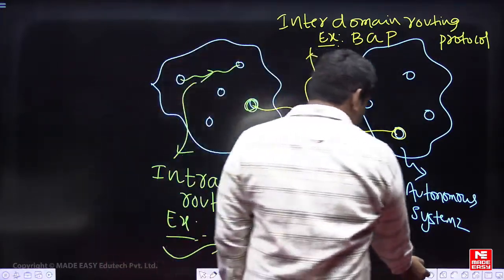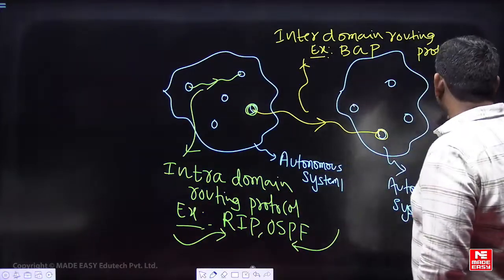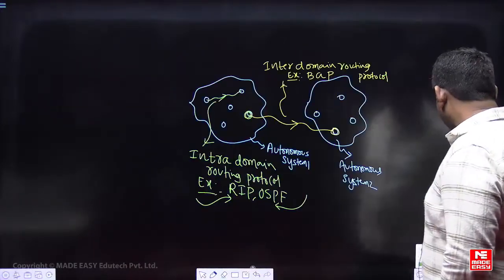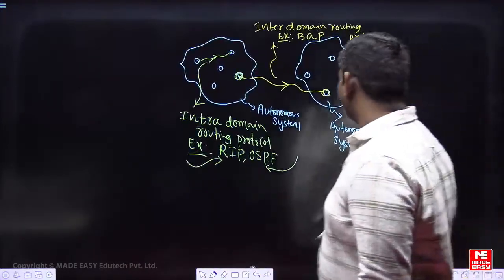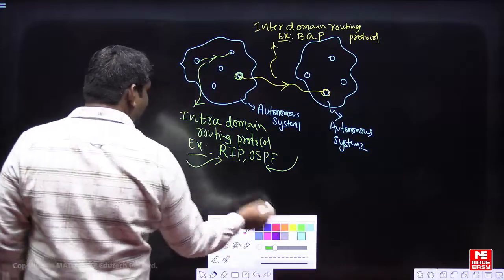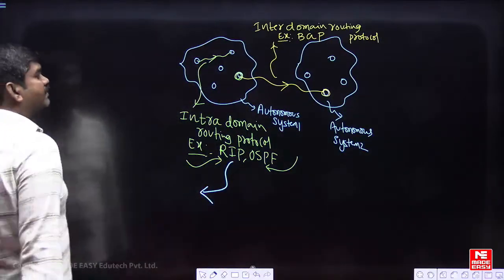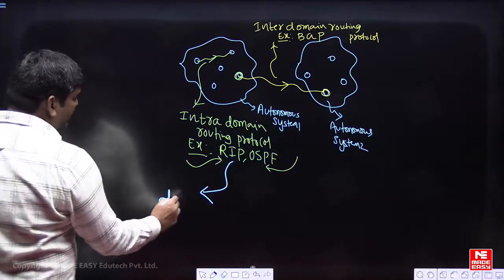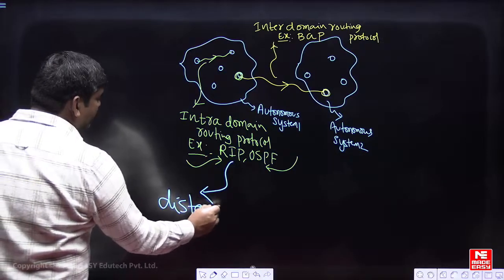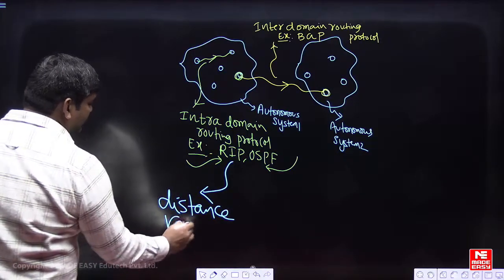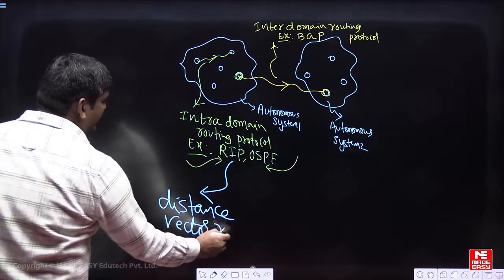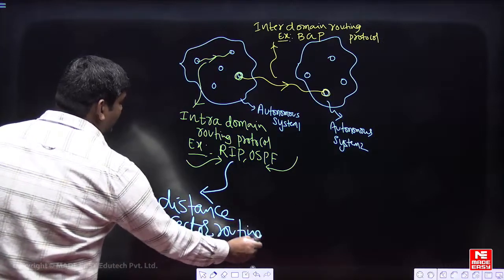Okay, we can say like this. So the basic idea is, if you are using the Routing Information Protocol, it is going to internally implement the distance vector routing algorithm.